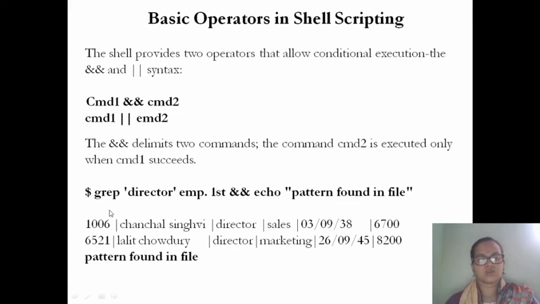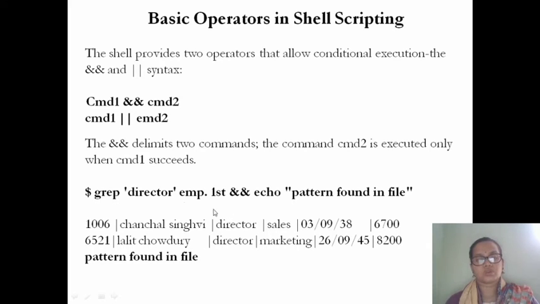Okay, so now we will have an instance to understand. Here the grep command we have taken, where we have taken the pattern called director in emp.list, and also we are telling it to echo pattern found in file. See here, AND works in a multiplication fashion.